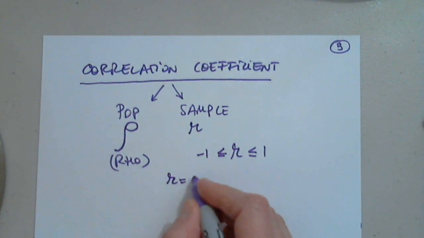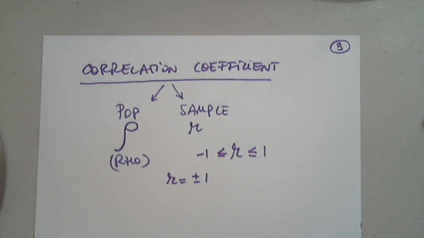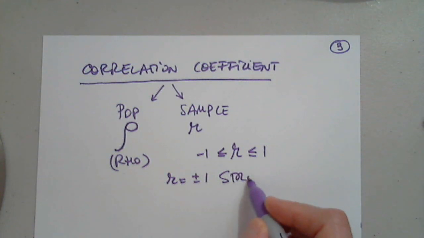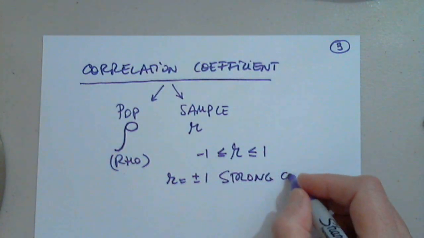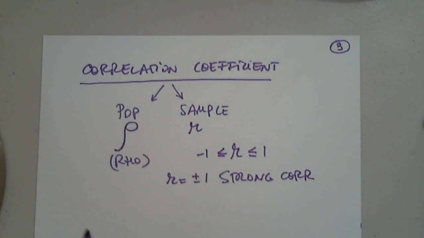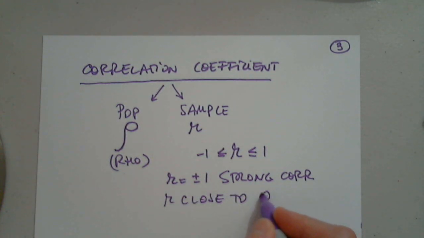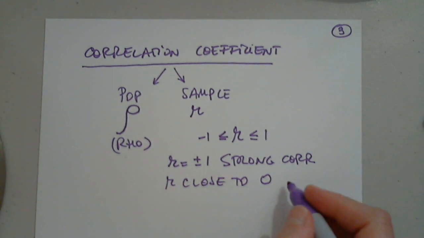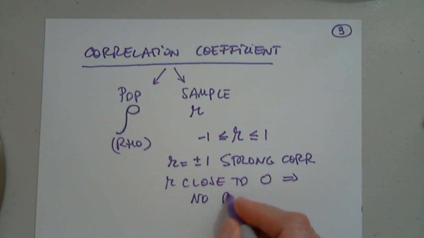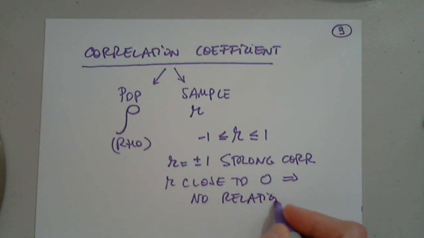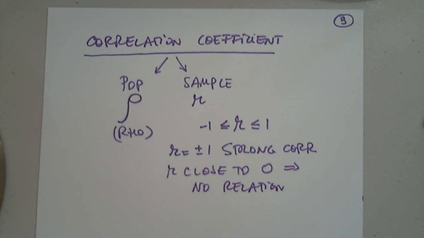If r equals plus or minus 1, it's a strong correlation between the two variables, either positive or negative, doesn't matter. Strong positive or strong negative. If r is close to 0, that implies no relation, no correlation between the two variables.